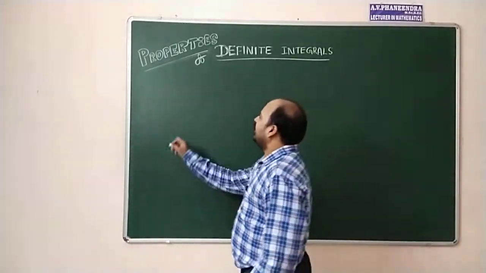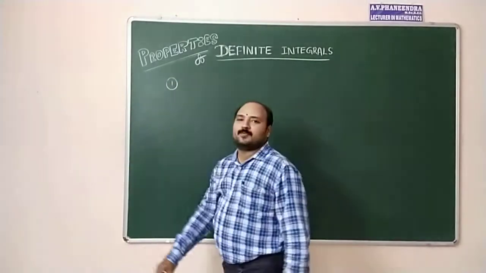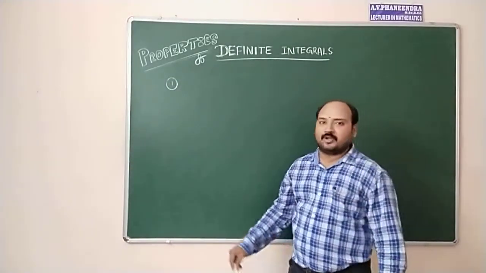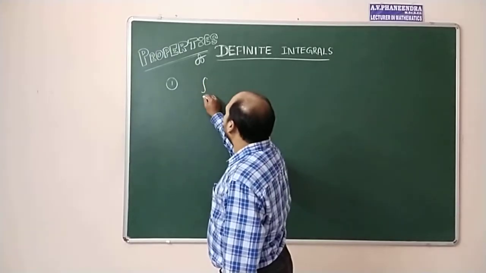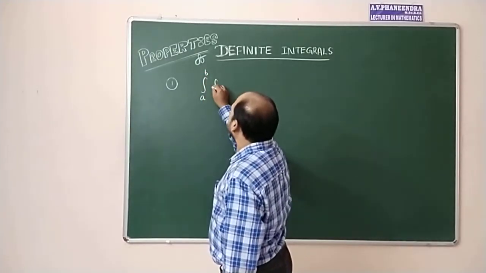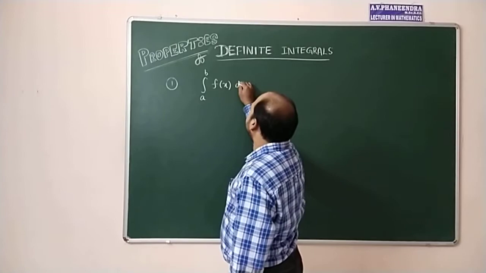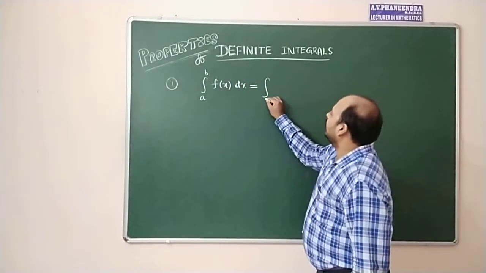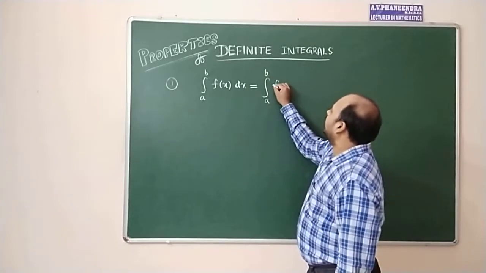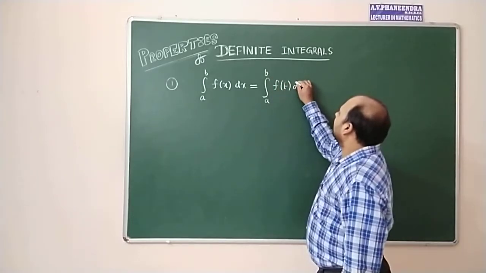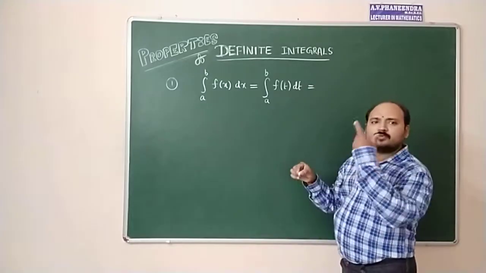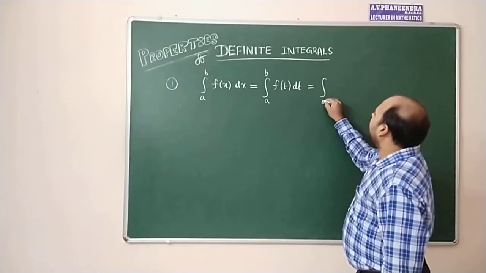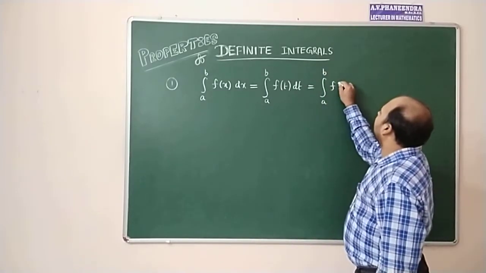The first property, variable change property. Integral a to b f of x dx is equal to integral a to b f of t dt. Even you can write in other terms, y also: integral a to b f of y dy.